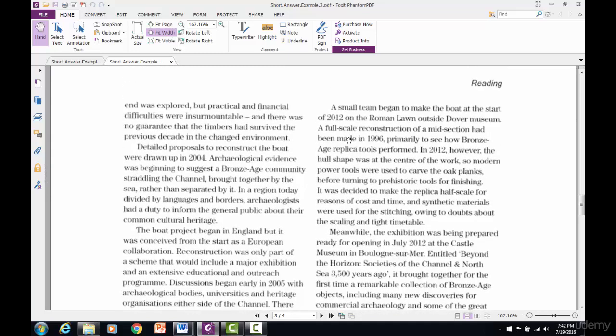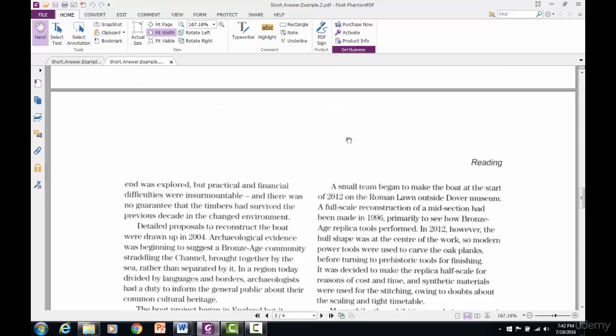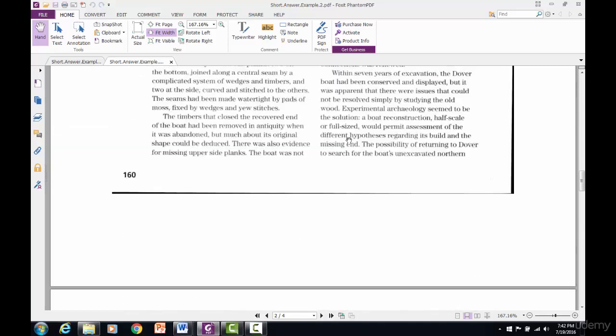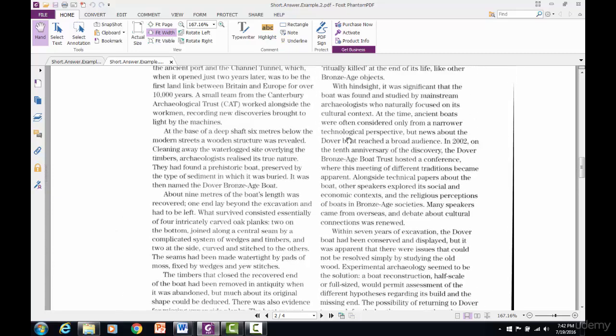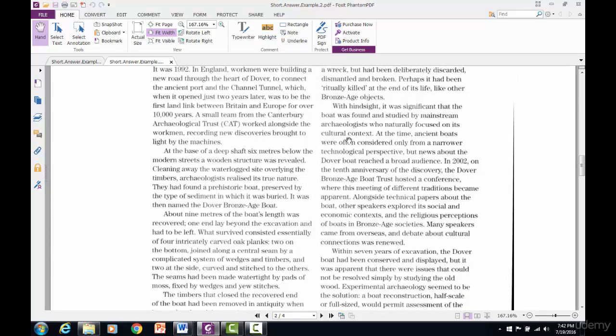And we're scanning. I scanned faster going down from the beginning.